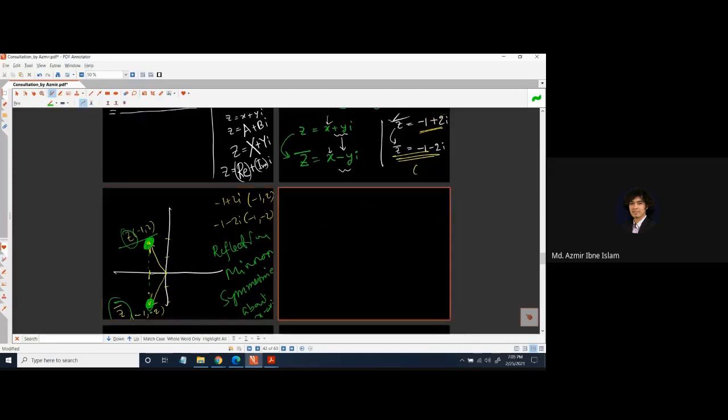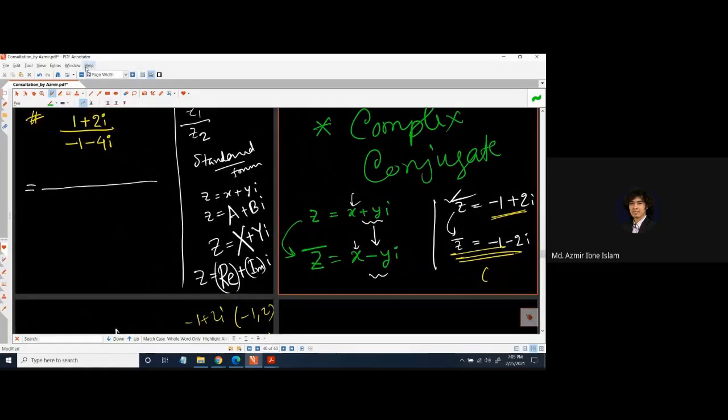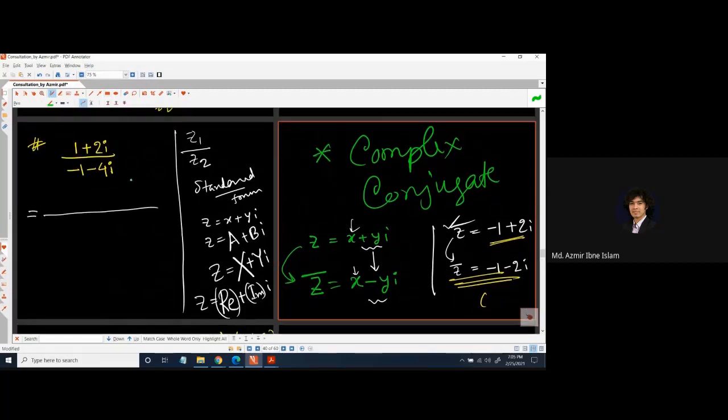Clear? Our target is to do the division part. So here, what do we have to do? We have a numerator and a denominator. The number that we have in the denominator, -1 minus 4i, we have to multiply with its conjugate, -1 plus 4i.